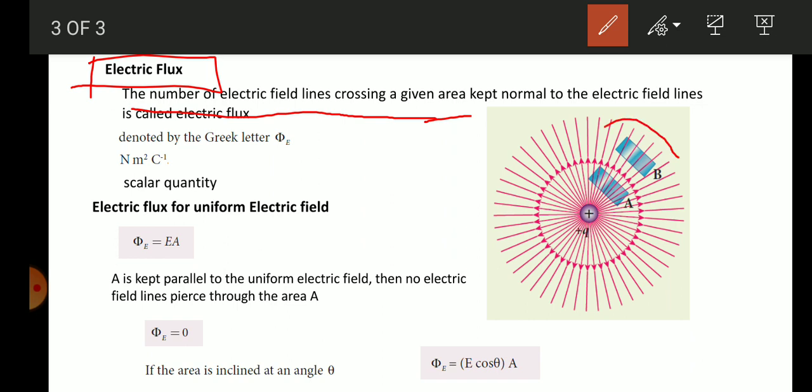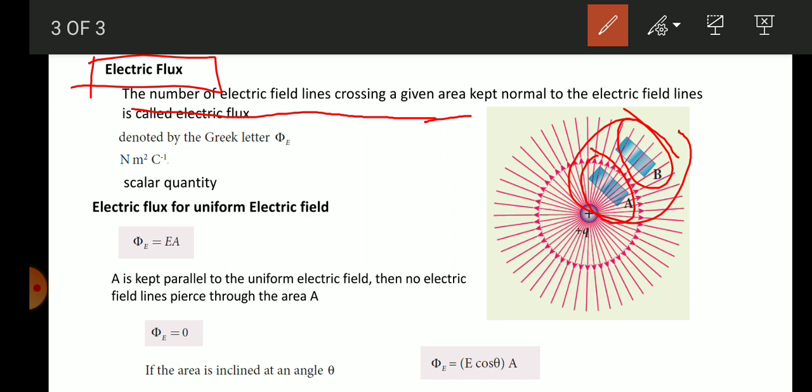Look at this diagram, A and B. A and B are the same area, or unit area. They have the same dimension. Now see the number of lines passing through A and the number of lines passing through B. If you count in B, 1, 2, 3, 4 lines only are passing through it.